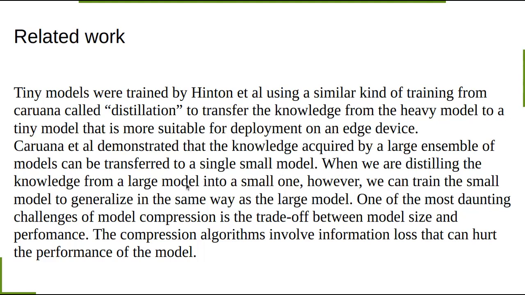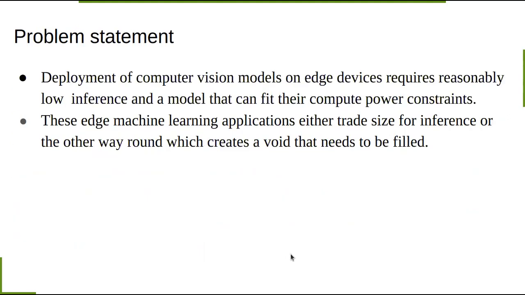When distilling the knowledge from the large model to a small one, we can train a small model to generalize in the same way as a large model. One of the most daunting challenges in model compression is the trade-off between size and performance. The compression algorithms involve information loss that can hurt the performance of the model, especially pruning and quantization, which involve removal of weights.